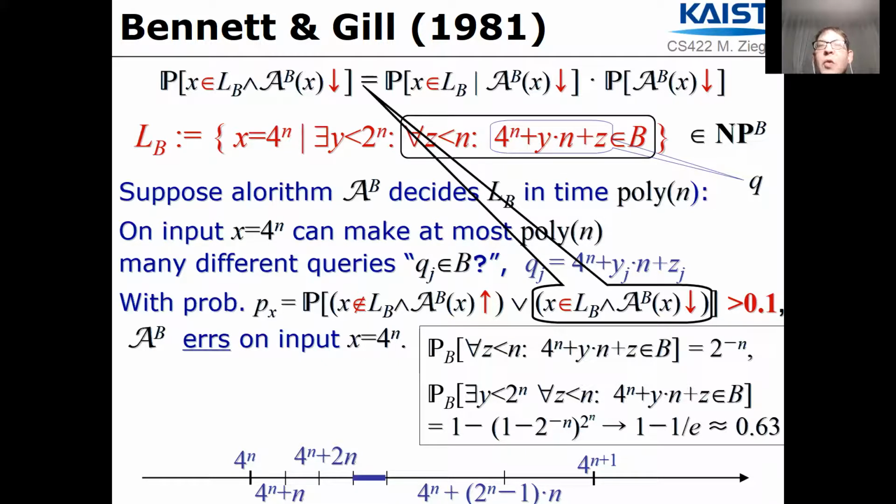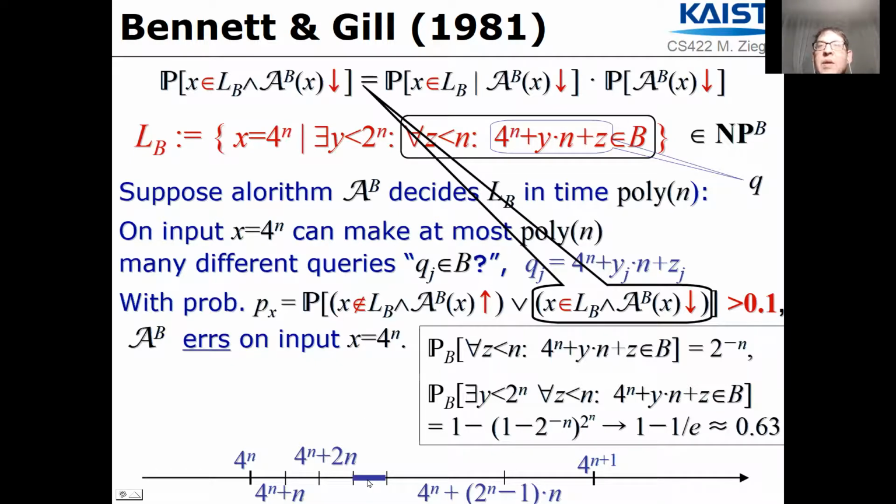if we consider a random oracle and consider the execution of that algorithm, since it's a polynomial time algorithm, it can query at most polynomially many of these intervals in the oracle, right? Polynomially many among the exponentially many.